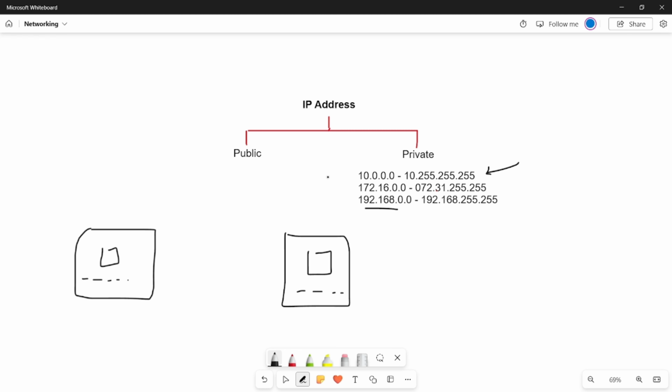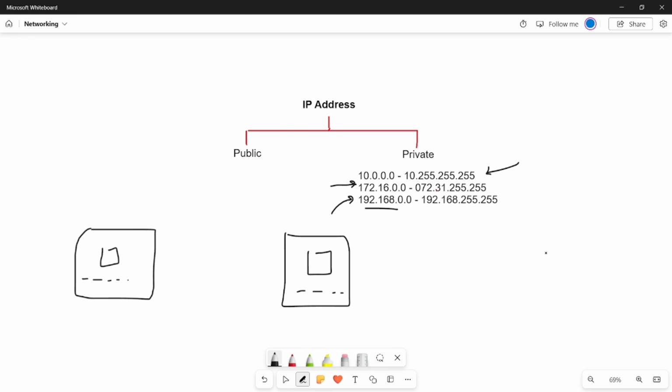This range is assigned, and we can use it as class A IP addresses. They introduced a range for class B, and they assigned a range for class C.